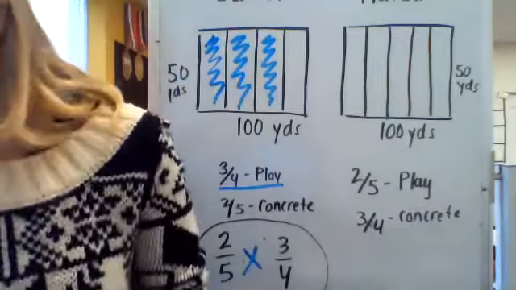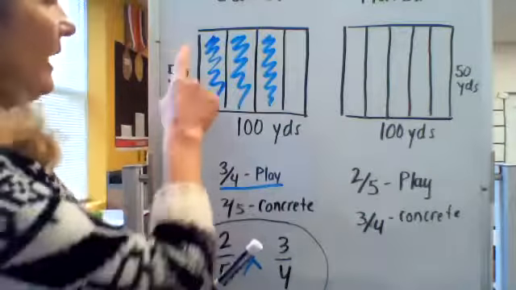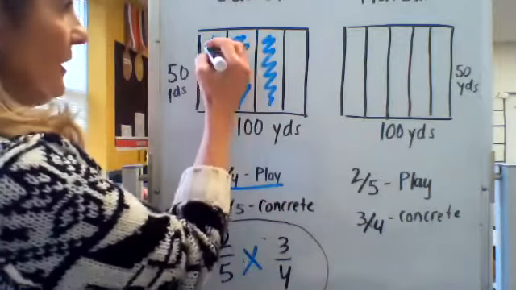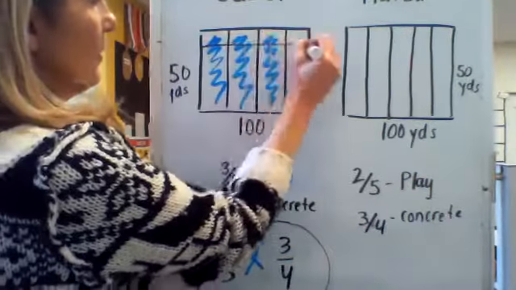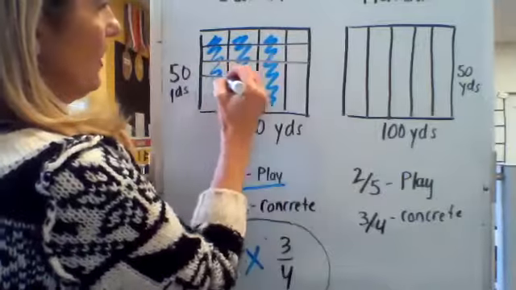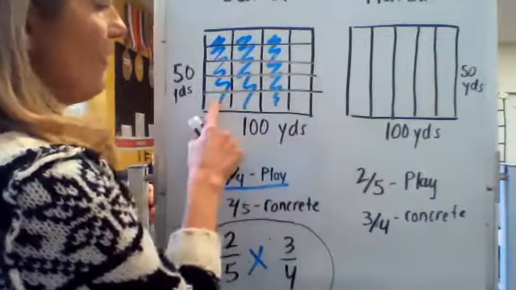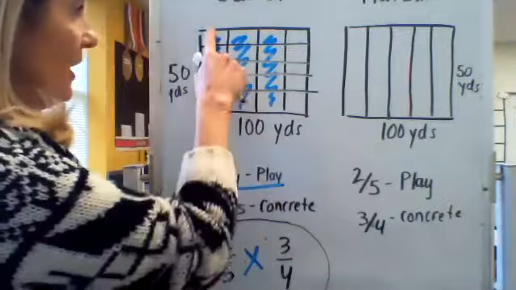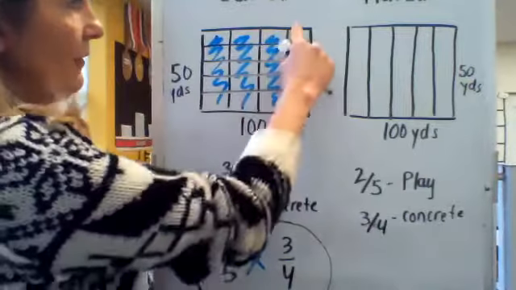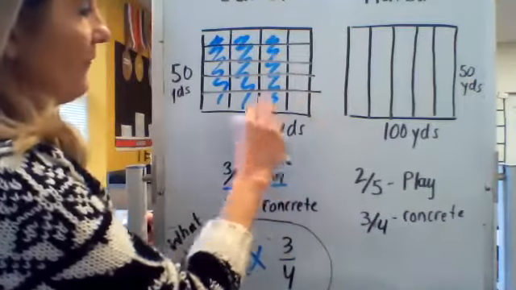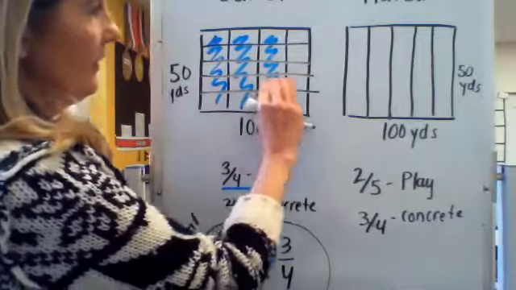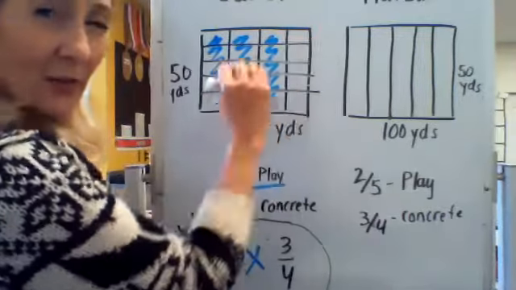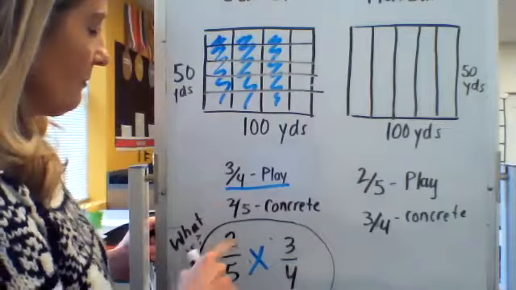So in order to do that, I'm going to make each of these fourths into fifths. So 1, 2, 3, 4, 5. Now, do you see the fourths and do you see the fifths? There's my fourths, 2, 3, 4. And then the fifths would be 1/5, 2/5, 3/5, 4/5, 5/5. So you have to sort of be able to visualize that.